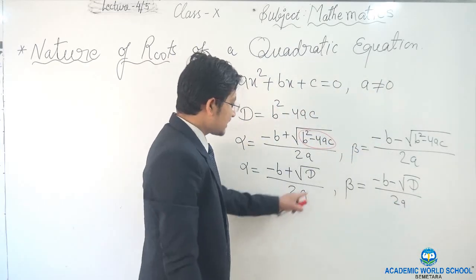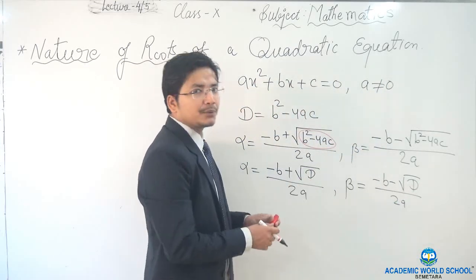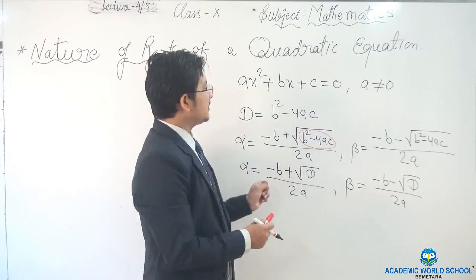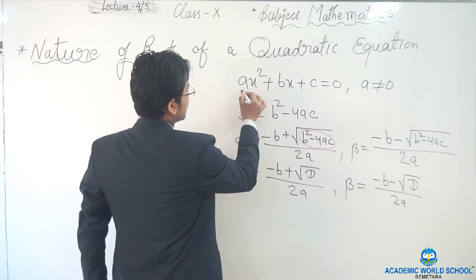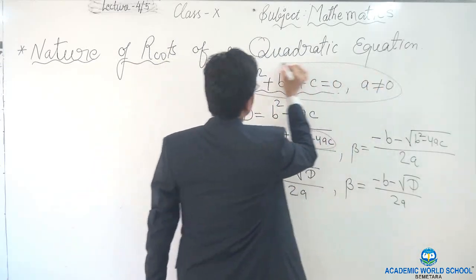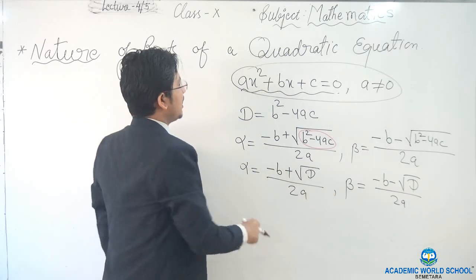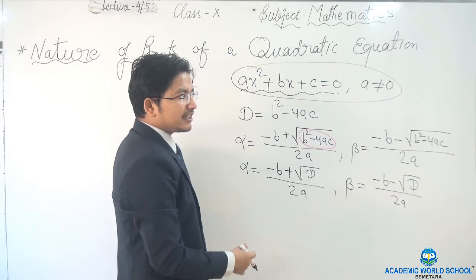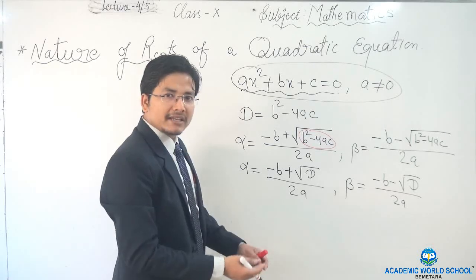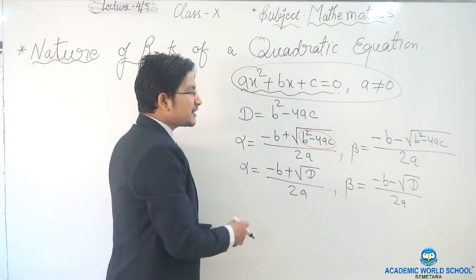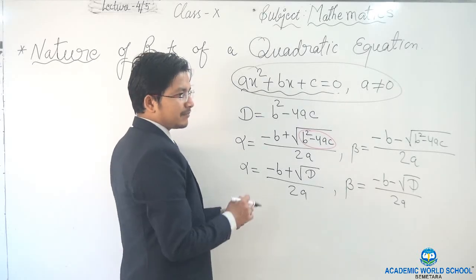So this discriminant D will decide the nature of the roots of this particular quadratic equation. Nature means the roots are real or imaginary, both roots are distinct, or both roots are the same.